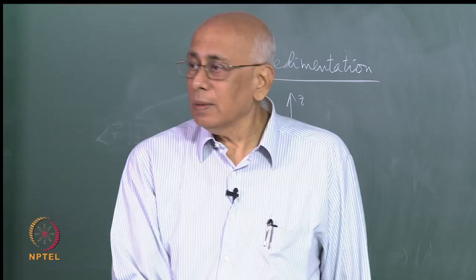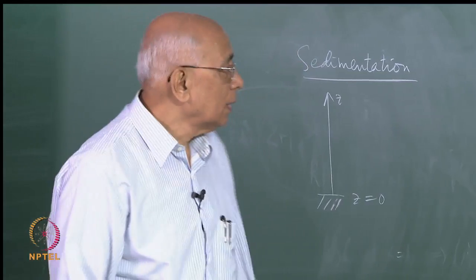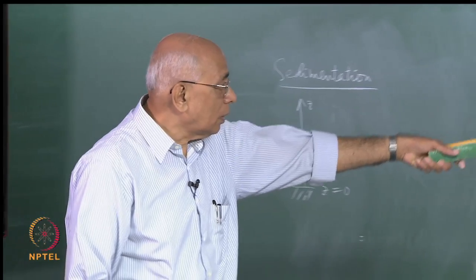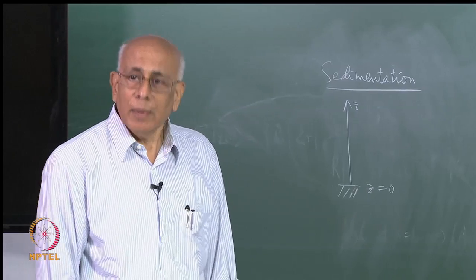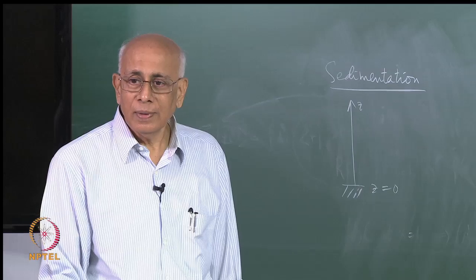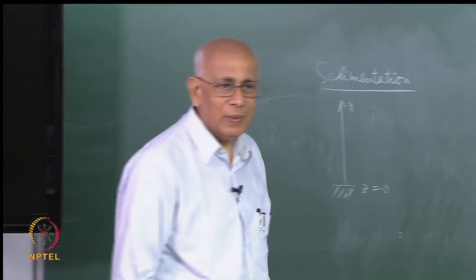But at the boundary the current is 0. That equation alone, dJ over dz equal to 0, just says J equilibrium is a constant independent of z, but at the boundary it is 0, therefore it is 0 everywhere, right.